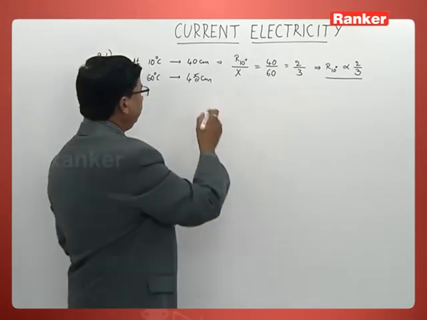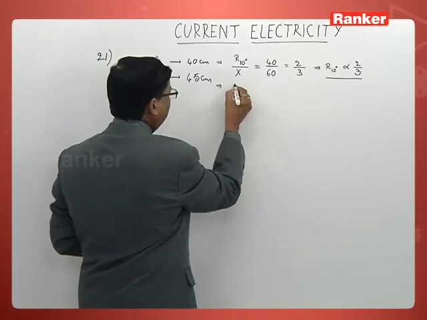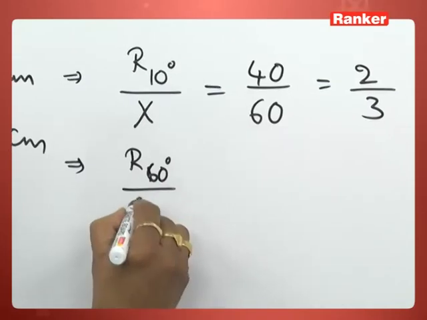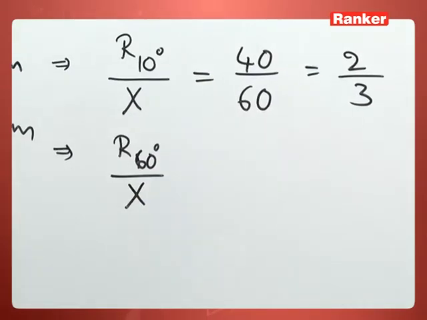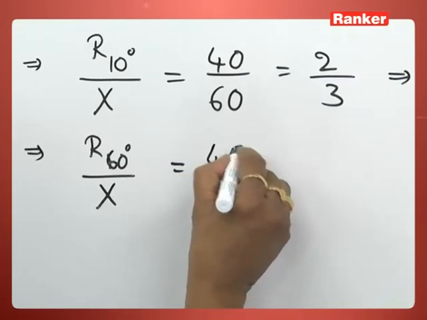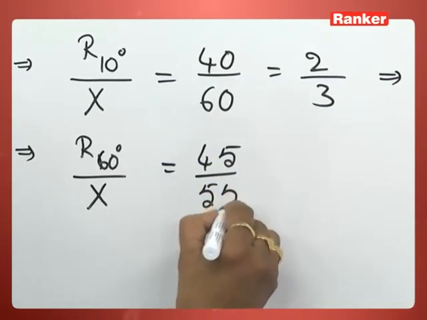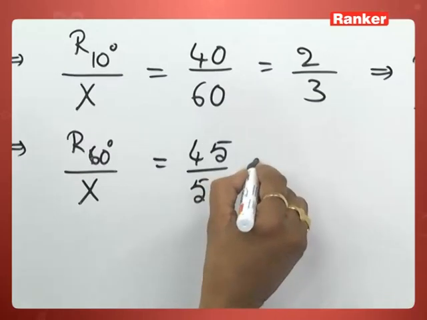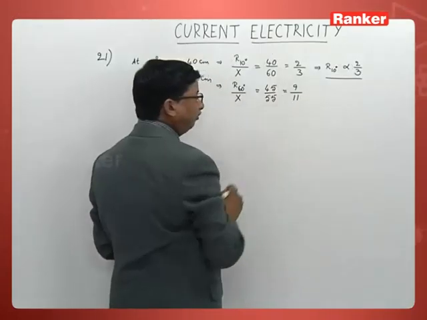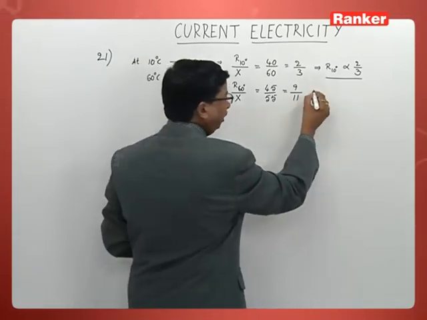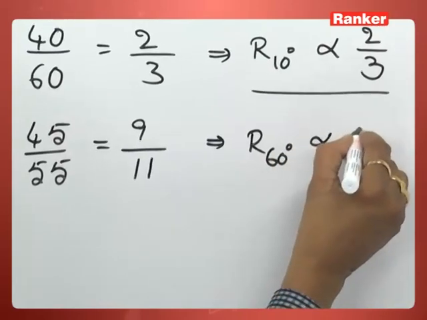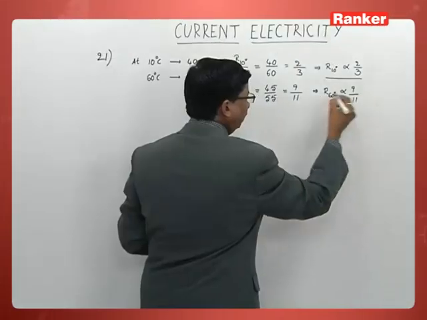The next one, the second equation: R at 60 degrees centigrade by the unknown resistance X is 45 by 55, which you can write as 9 by 11. So R60 is proportional to 9 by 11.